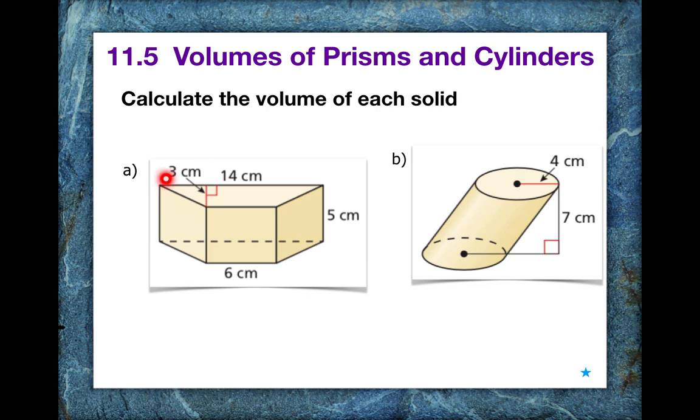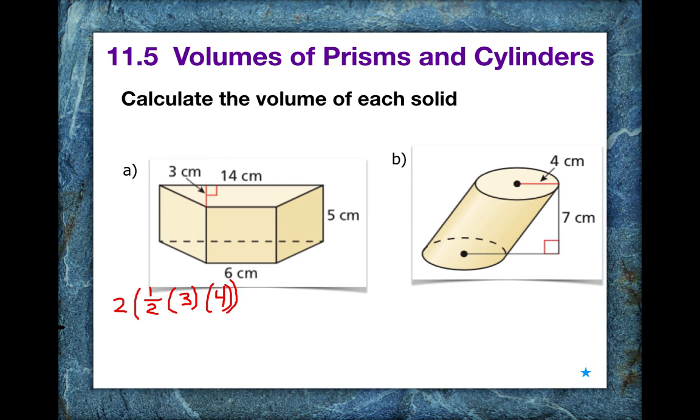Therefore, I have a base of 4 and a height of 3, a base of 4 and a height of 3. So when I calculate this out, I'm going to have two triangles, and I multiply 1/2 times the height, which is 3, times the base, which is 4. There's 2 of those.